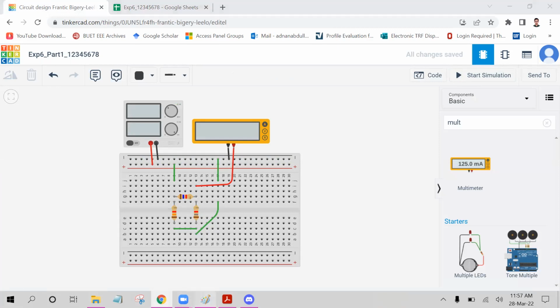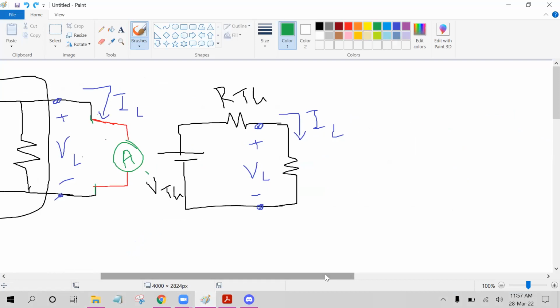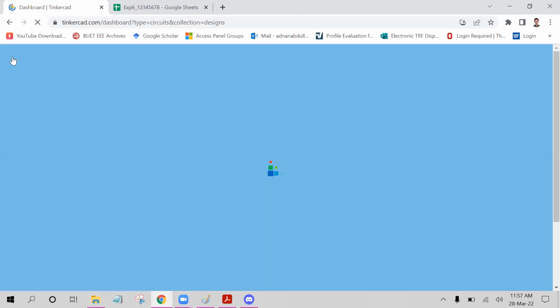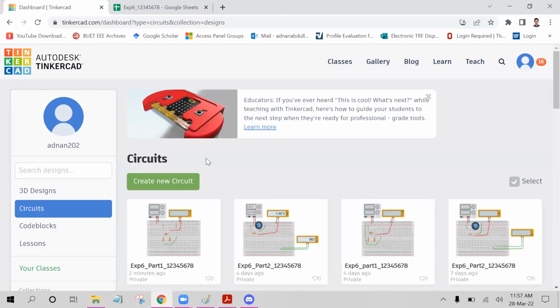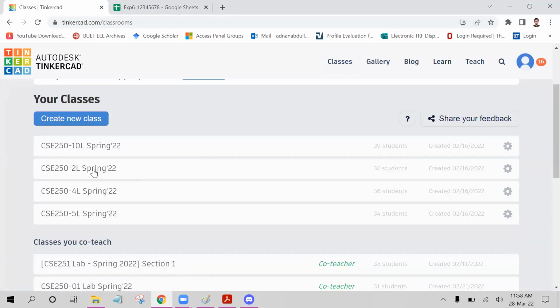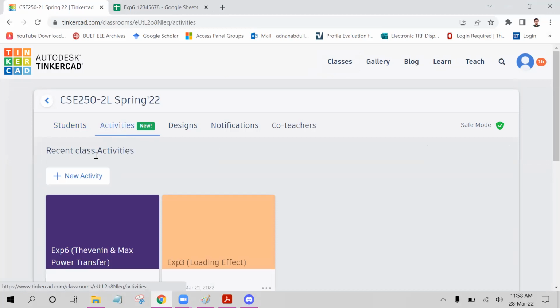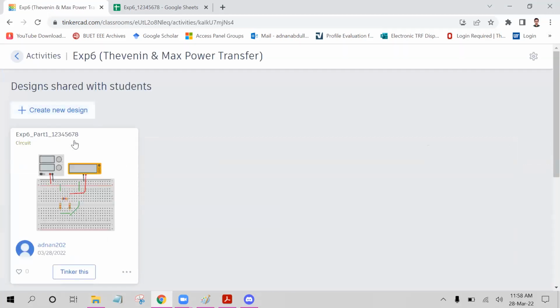Now we are ready to move on to the equivalent circuit, this one. So everyone, please create another Tinkercad circuit and make sure this one is also within your class task or activities.